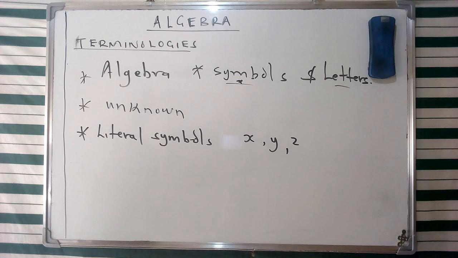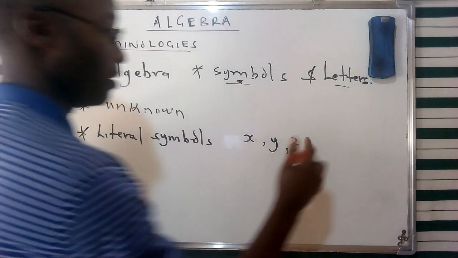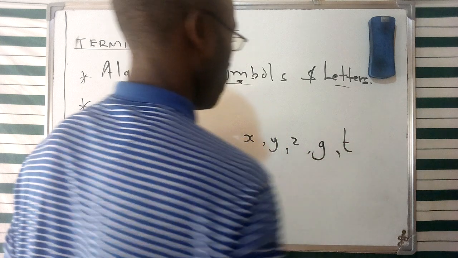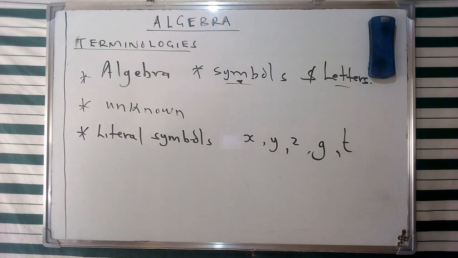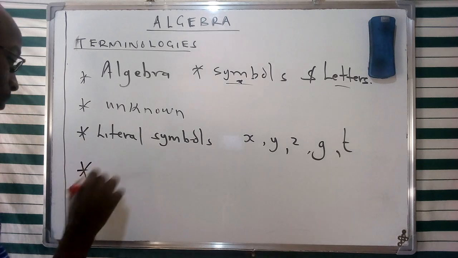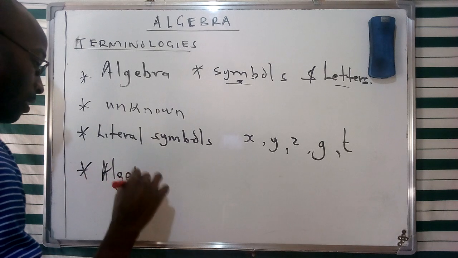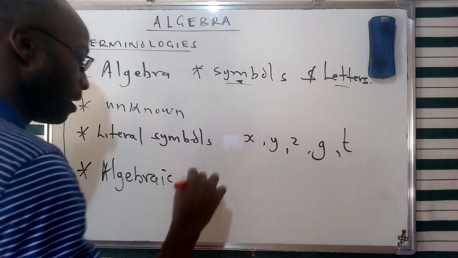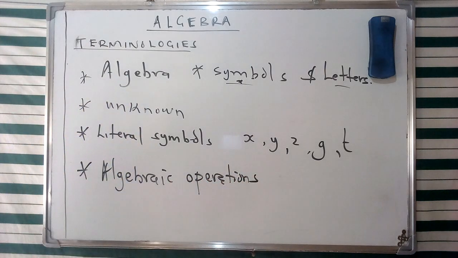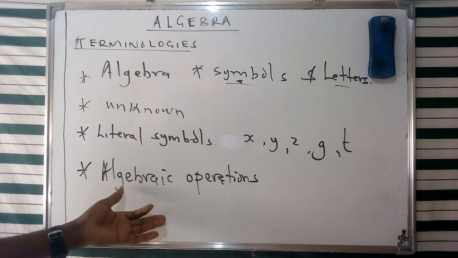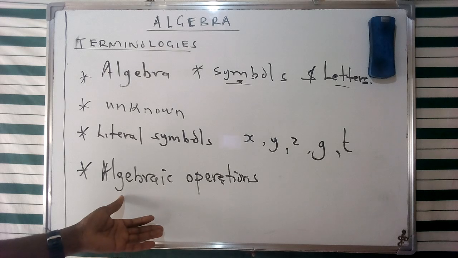So these literal symbols are going to constitute these specific letters. We're going to come across them often as we discuss various topics, especially in mechanics and other areas in sciences and mathematics. And then we're going to come across different operations involving algebra. We're going to refer to them as algebraic operations. And these are going to be operations expressed in the same way as we do normal operations for real numbers of arithmetic.